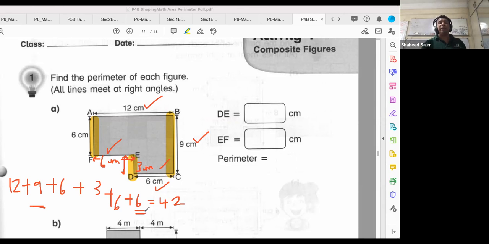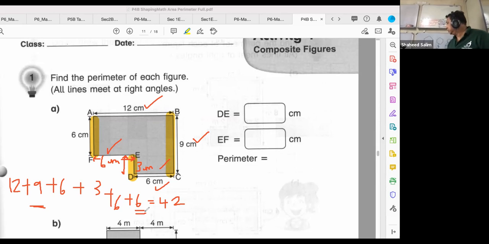Now I will show you an easier way to do this. This easier way, you can use it for very fast working. Watch.